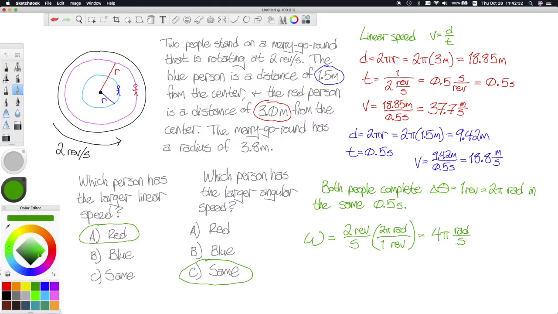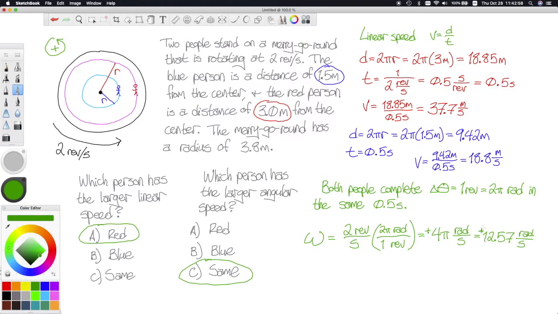And since this is rotating counterclockwise, if I take my normal coordinate system, this would be a positive 4 pi radians per second, which in regular old decimal form works out to be 12.57 radians per second. Again, positive because it's rotating counterclockwise.